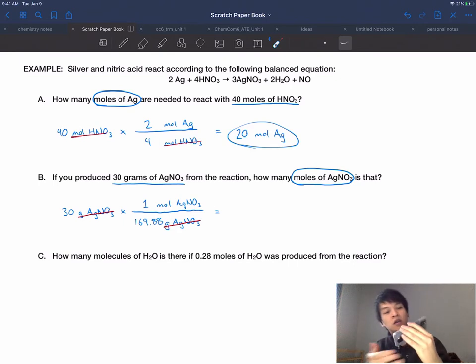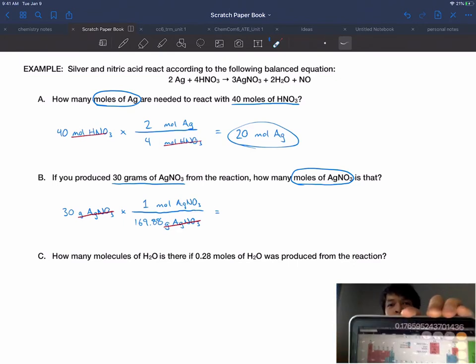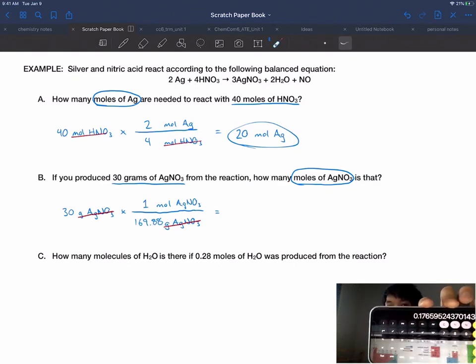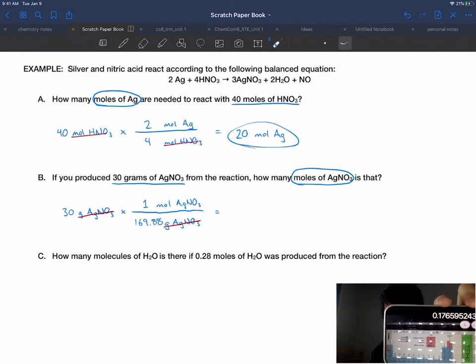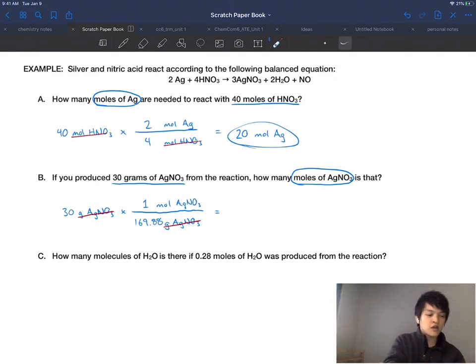Okay, a long string of numbers, but if we round, it's approximately 0.18. All right, that's how many moles there are. So that's what I'm going to write. I'm just going to do 2 decimal places and not bother writing all the other numbers.